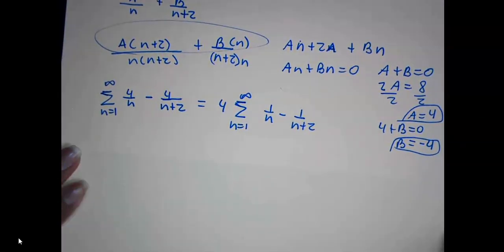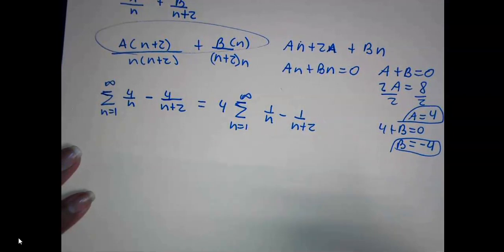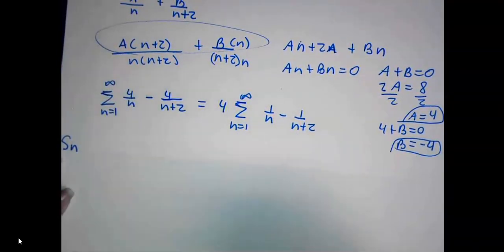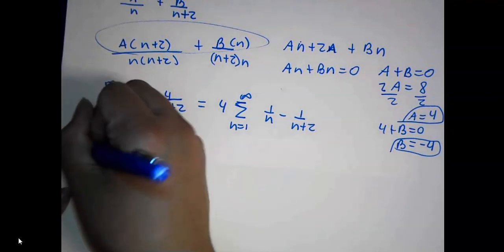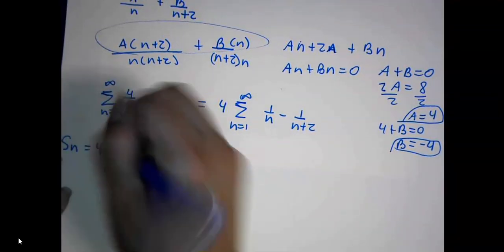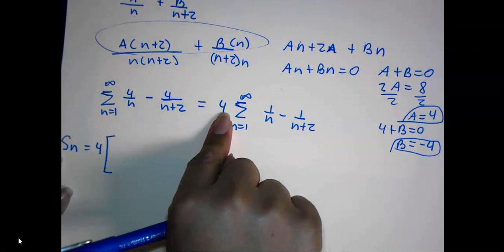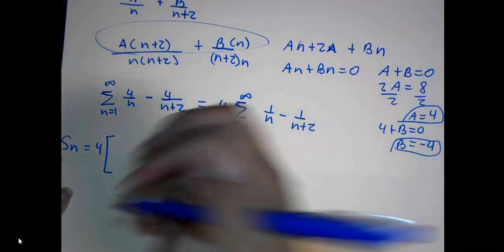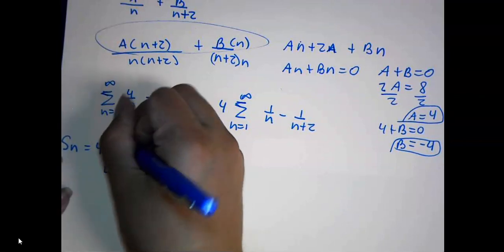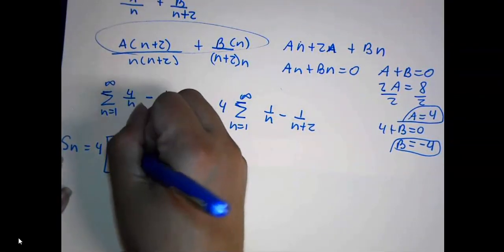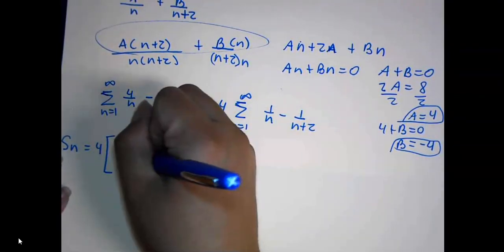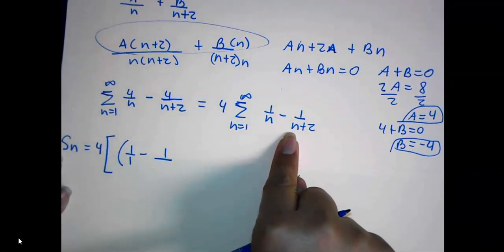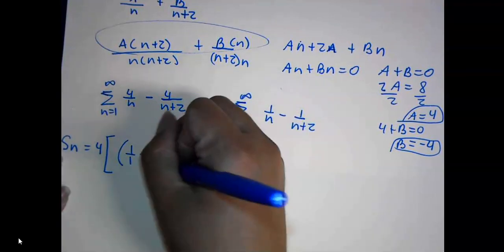Okay, so now let's see what happens with the sum as we approach n. Remember there's a 4 right there on the outside. I just want you to see what happens if I plug in 1. It will be 1 over 1, which is just 1, minus 1 over 1 plus 2, which is 3.